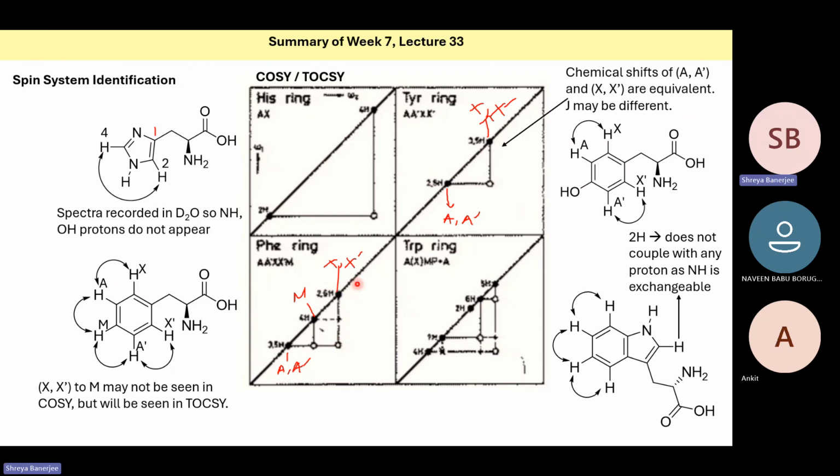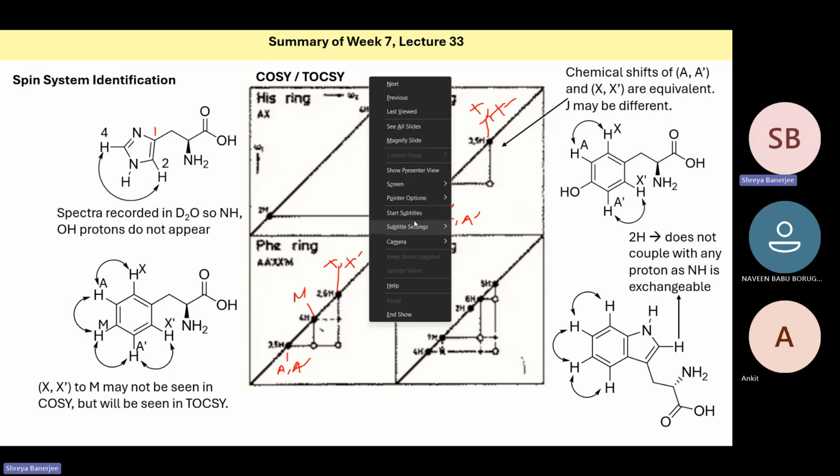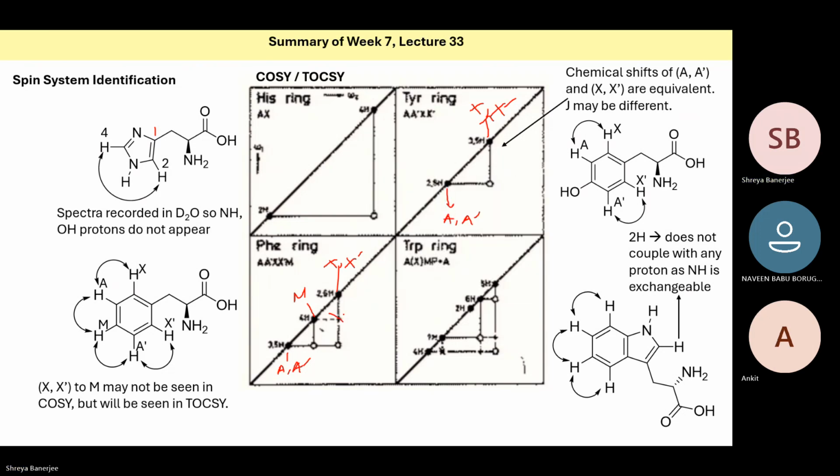But what about this peak, which is here? This peak is between M and X prime. Now, M and X prime are too far away to interact by COSY. But if it is a TOCSY spectrum, you will see this peak also, which is shown by the cross here, because TOCSY shows all the correlations.